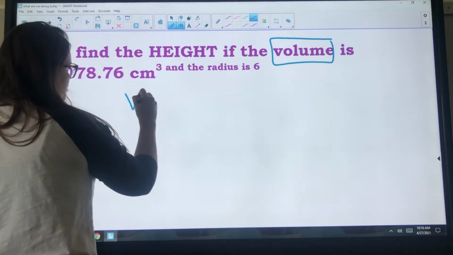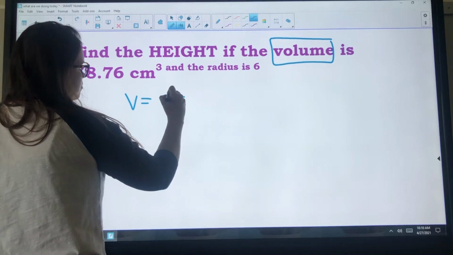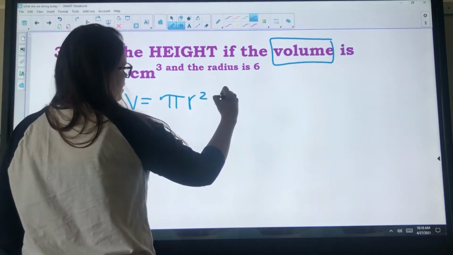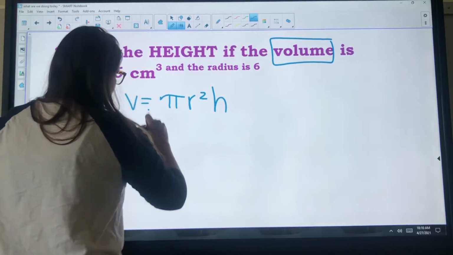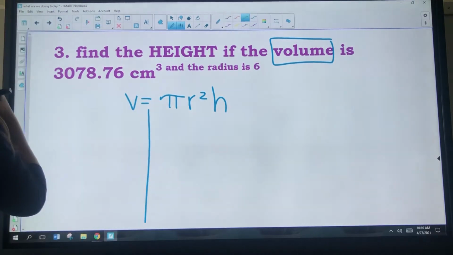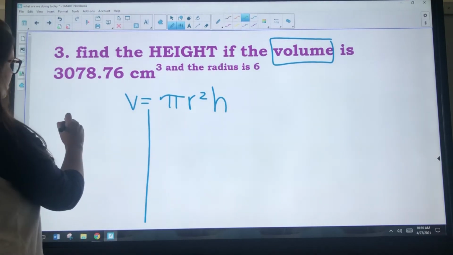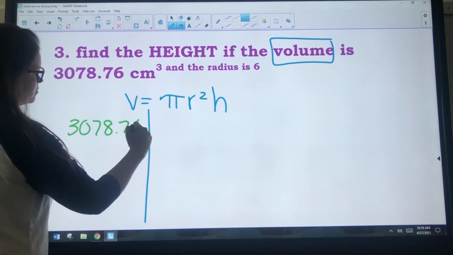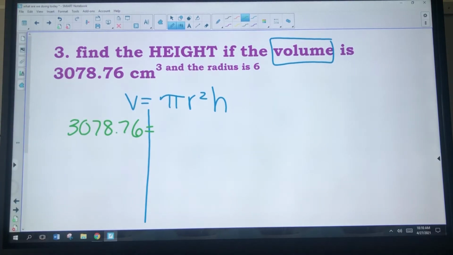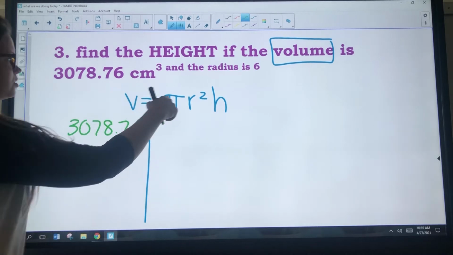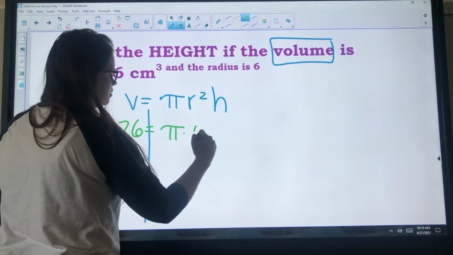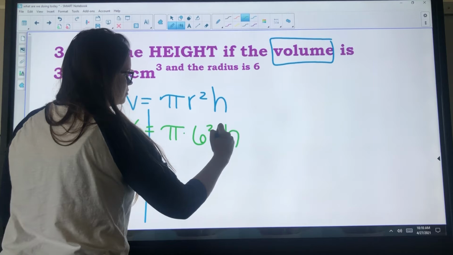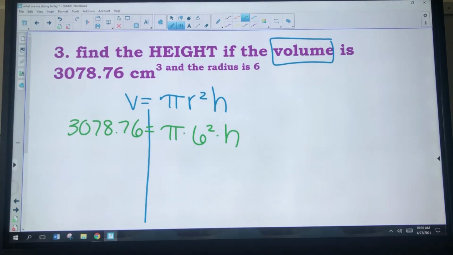So if volume equals pi r squared h, this time you're plugging this number in right here. And your 6 is right there. So this is solvable using your algebra skills.